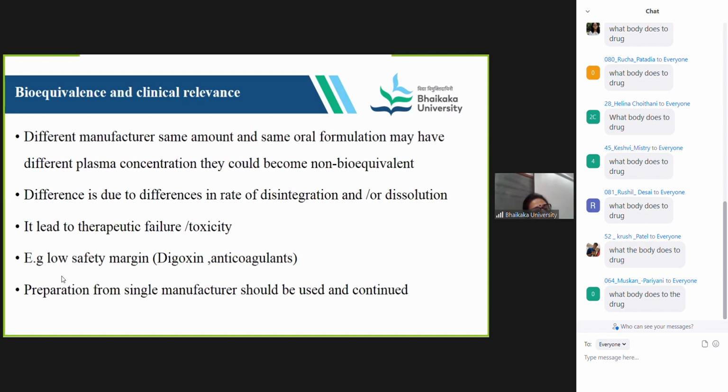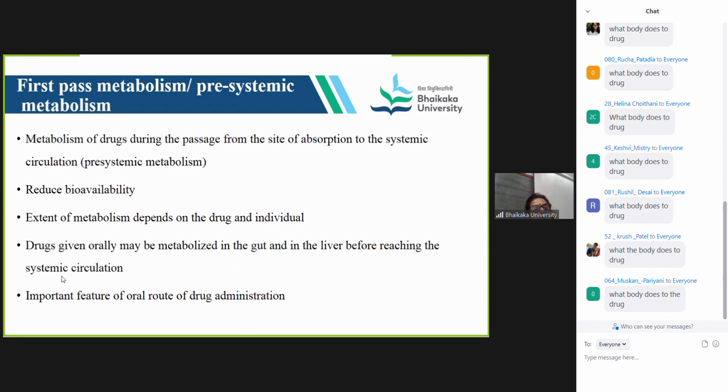Okay, so this is a pharmaceutical factor which is related to bioavailability. And the last factor is first pass metabolism. What is the other term you can say? Pre-systemic metabolism. So what is that? Here drugs, during the passage from the site of absorption to the systemic circulation, get metabolized.